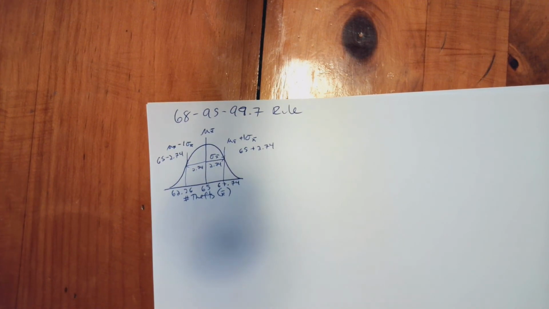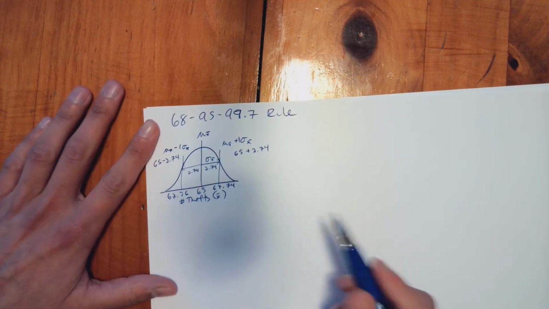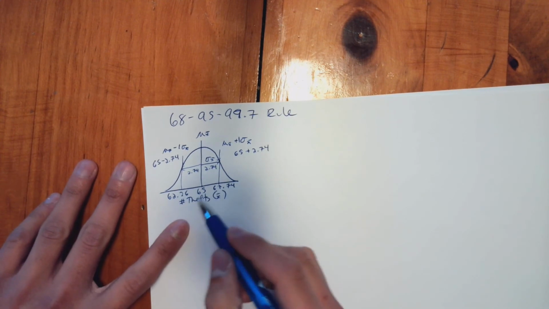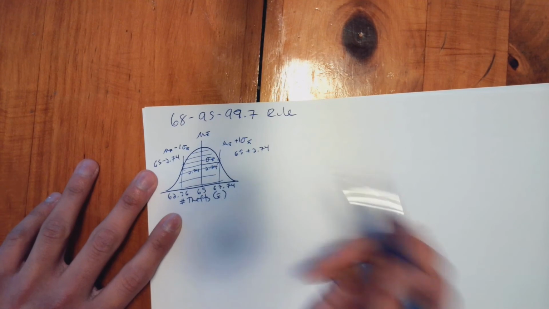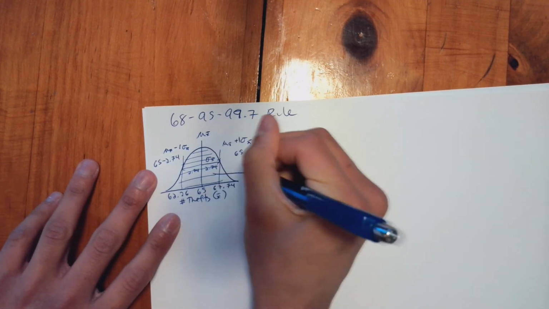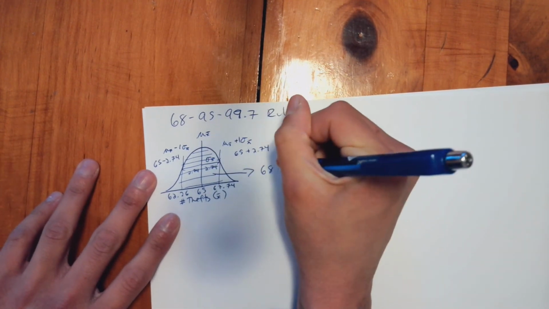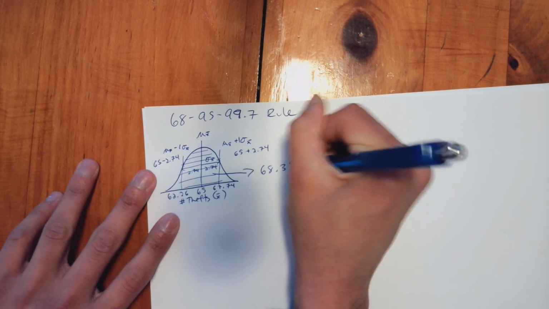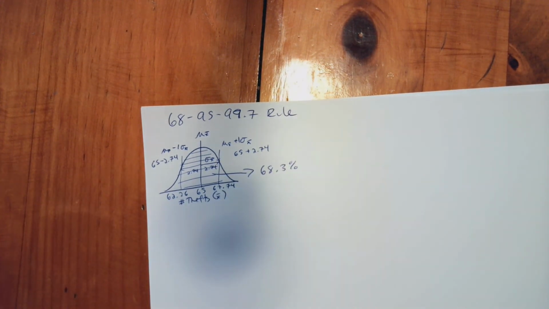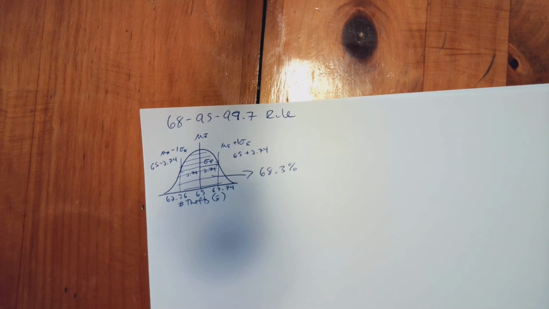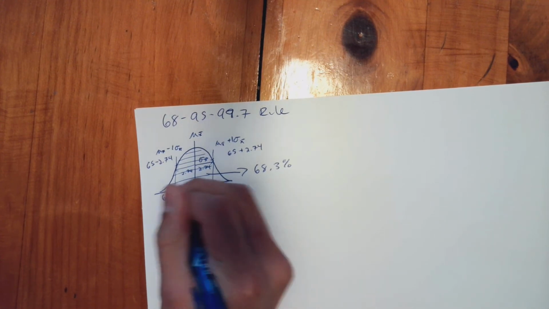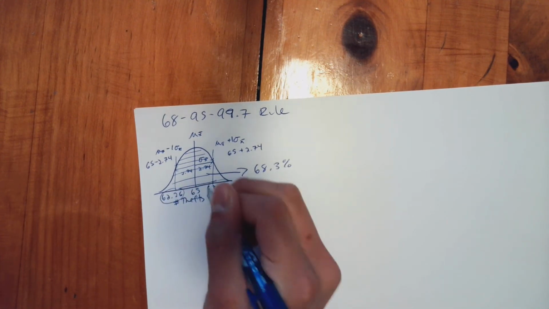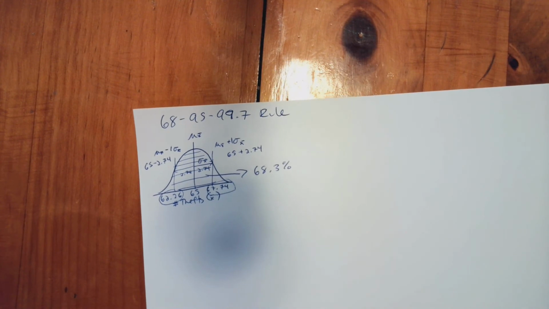So thanks to the empirical rule, we can take a look at this and we can say that within one standard deviation of the mean on either side, we know that we're going to have 68.3% of our area. This means that we have a 68.3% chance of getting a value that's within these two values, so between 62.26 and 67.74.